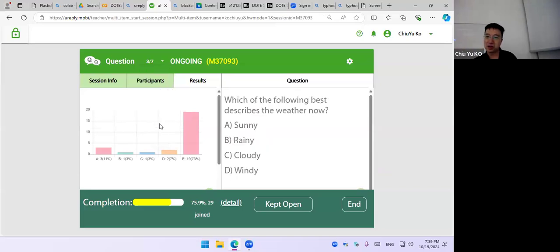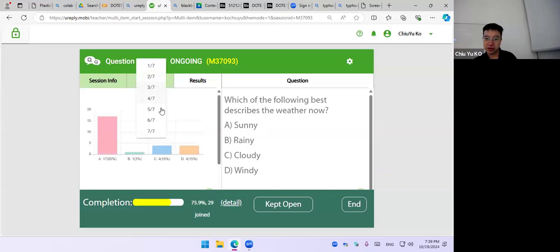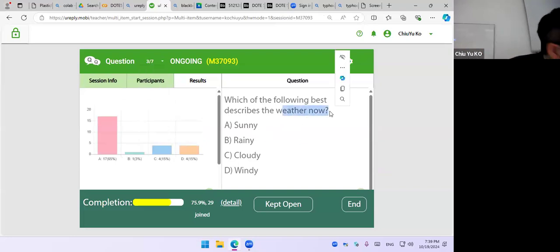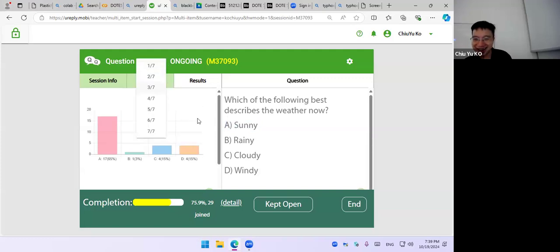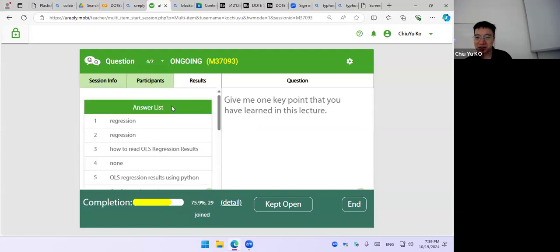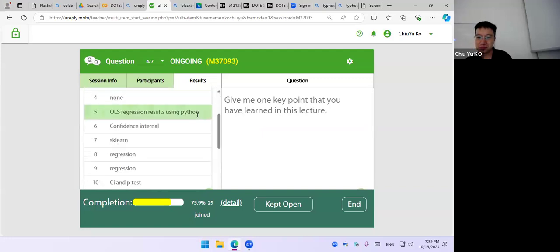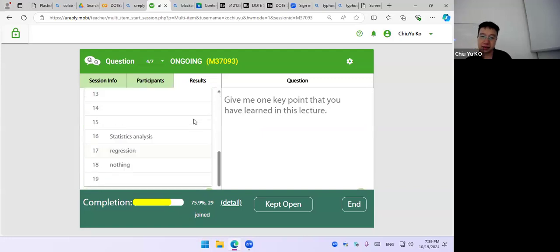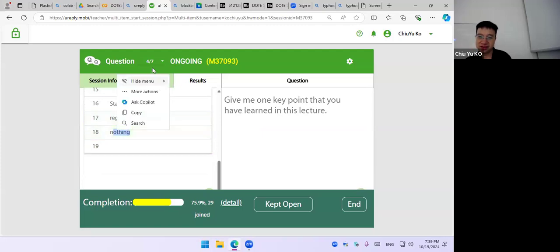The weather is also very confused, and I don't think there's any sun. So you guys will be very confused. Yeah, nothing. That's good. Either we are sleeping or what.